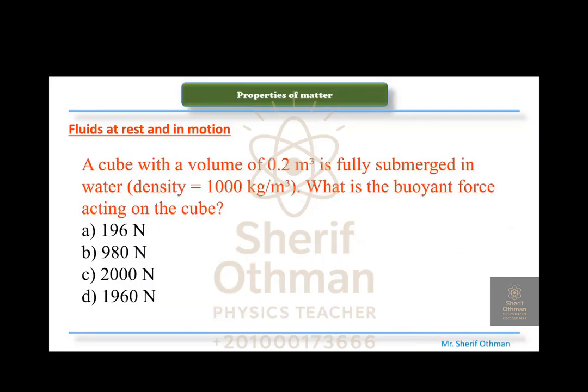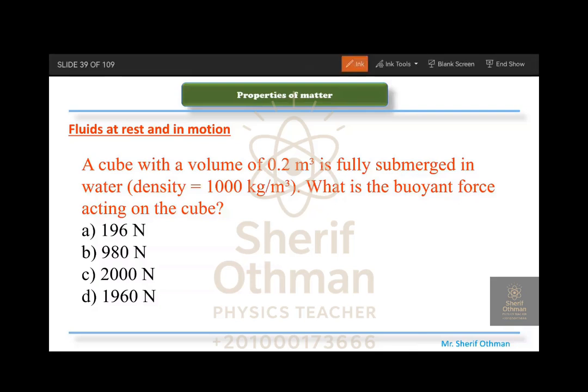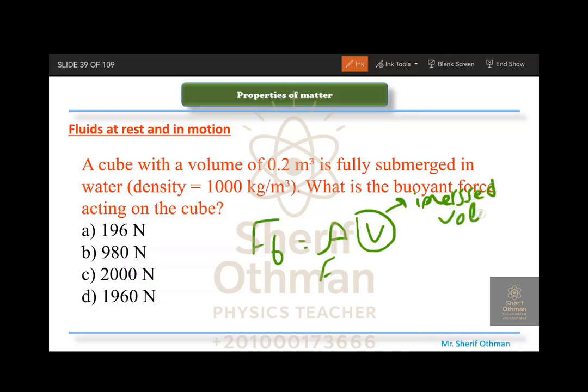A cube with a volume of 2 cubic meters is fully submerged in water. The density of water is 1000 kilograms per cubic meter. What is the buoyant force acting on the cube? We said before, guys, the buoyant force is equal to rho of the fluid, multiplied by the immersed or displaced volume, multiplied by the acceleration of gravity.